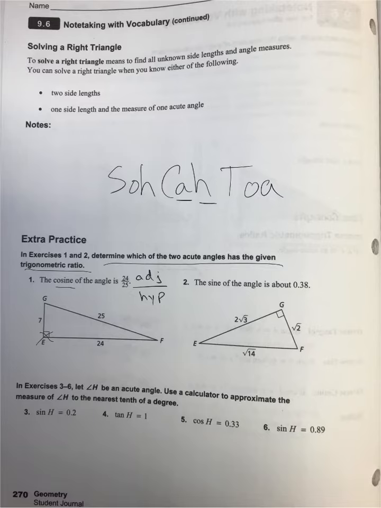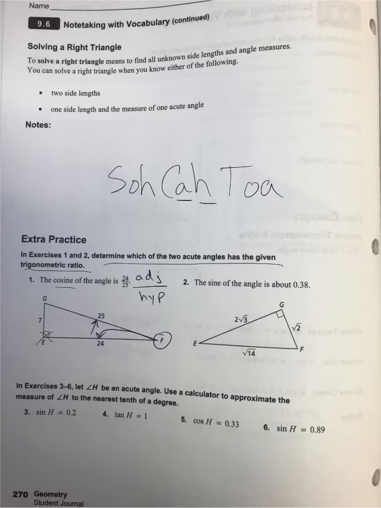So if we're going from G, the adjacent leg would be 7, not 24. So it must be from F, and if we look at F, the adjacent leg is 24 and the hypotenuse is 25. So that answer is angle F. That's the angle they're wanting to know that you used.